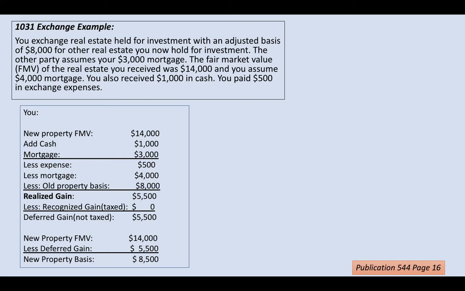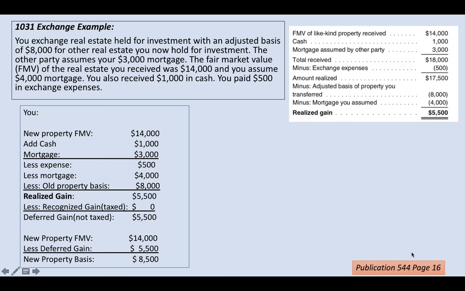However, let's see the IRS interpretation. The IRS did exactly the same thing. They say the amount you received is $18,000, then minus the exchange expenses of $500, so your amount realized is $17,500.